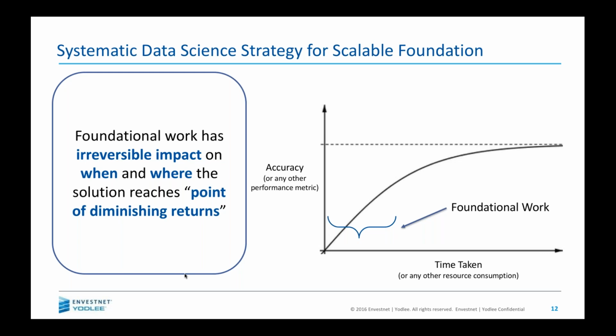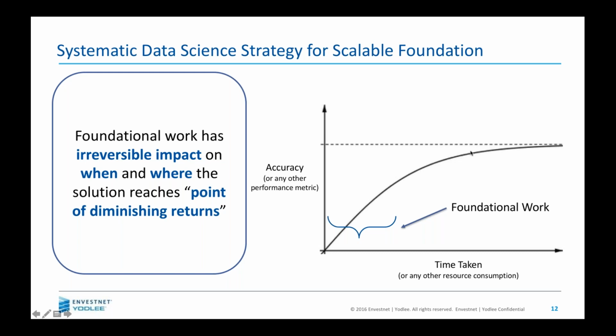Now, typically what happens is the law of diminishing returns will kick in after a while. What that means is in the beginning, as you're spending your resources, the jump in accuracy or whatever other metric you are using will be significant.